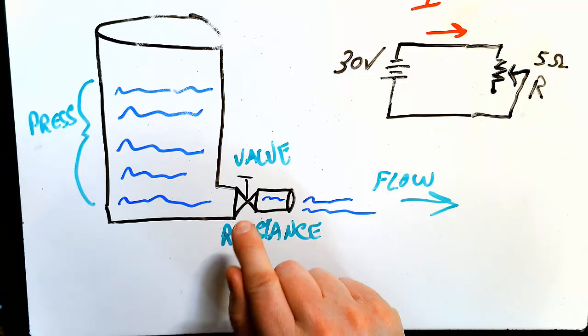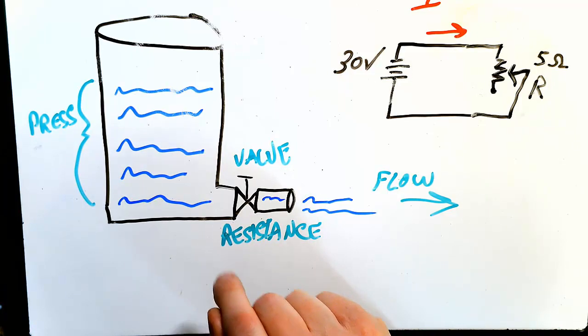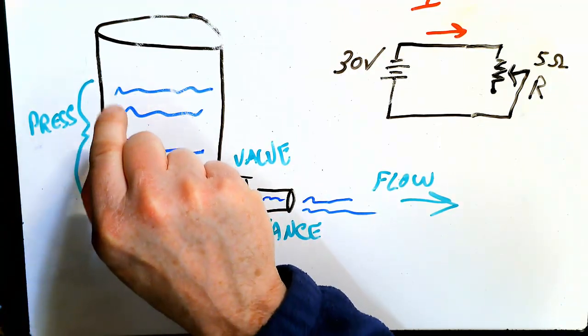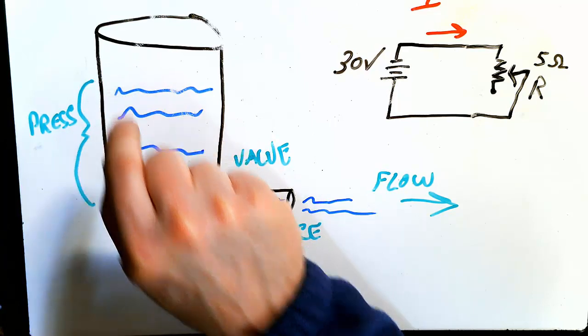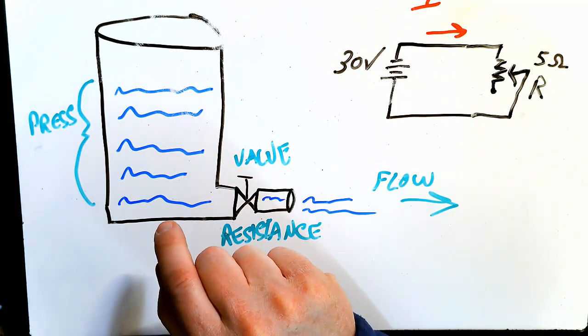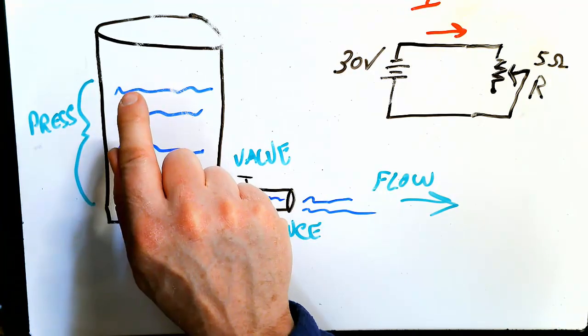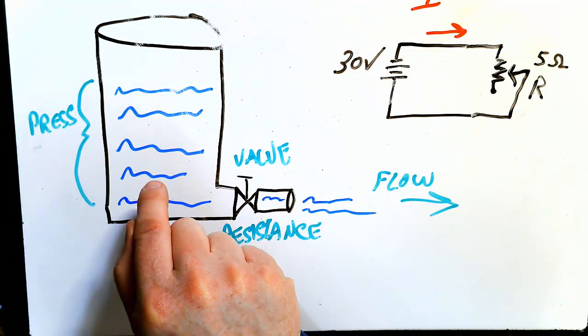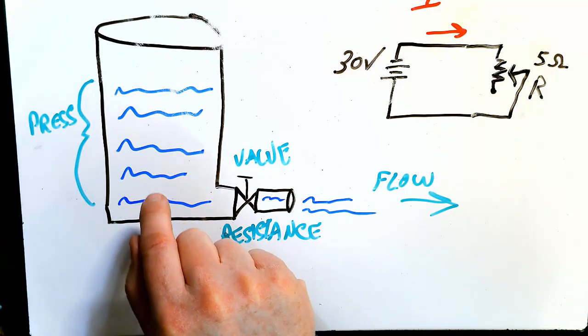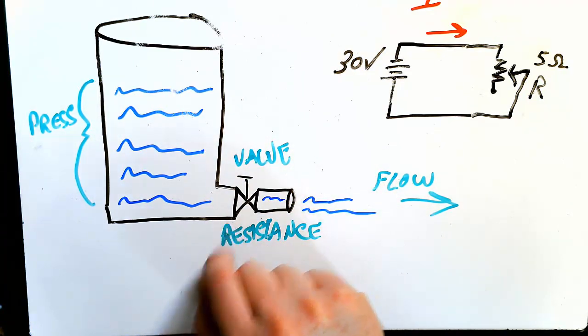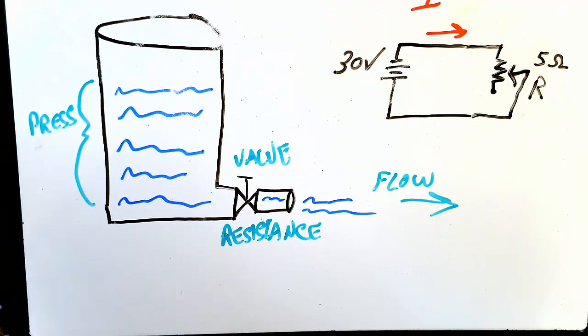And if the valve is in one position, we'll get a certain flow, but as the level rises, we'll get a higher flow because we get more pressure pushing that water. And as the level goes down, we'll have less flow if that valve is still in that same steady position.